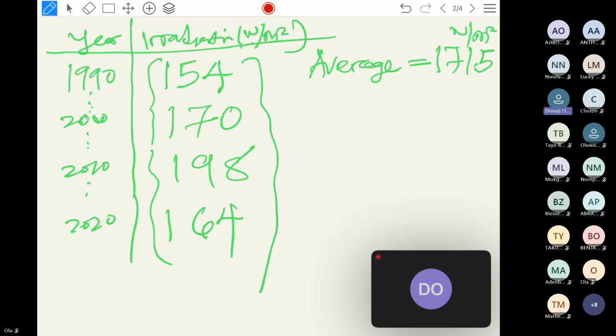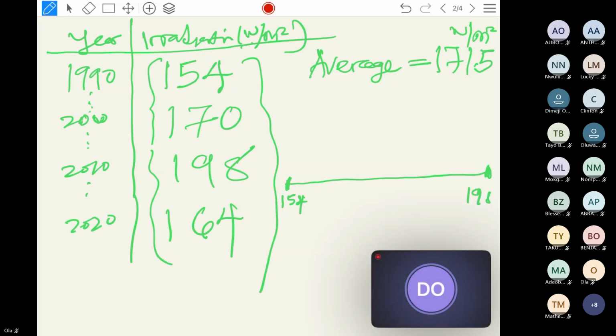All right. So now let us do something. We have this. The lowest here is 154. The highest is 198. And then we have 164, and we have 170.